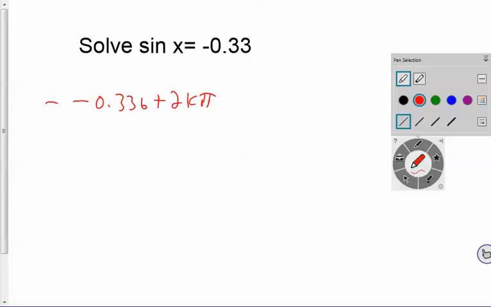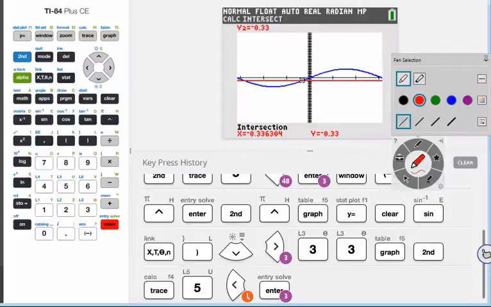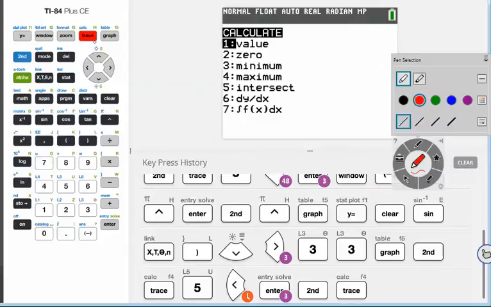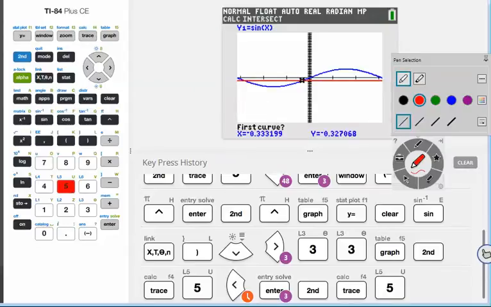Because sine has a period of 2 pi. Then I'm going to go back, second calc, intersection again, and this time I'm going to move over and get the other guy. It's not going to be the negative of it; it's going to be a little bit more than that.